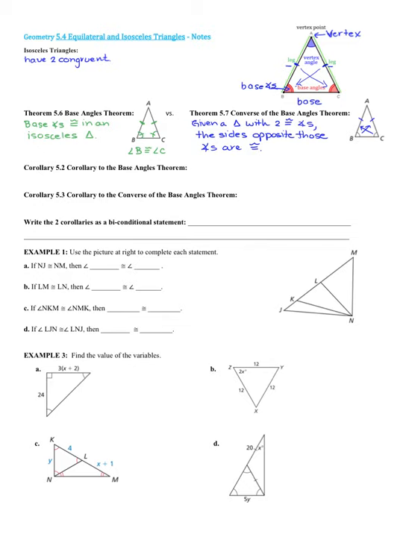Now we have a corollary to the base angles theorem. I'm not quite sure why they want to do this, but I guess it makes sense. So again, these next two are sort of which came first, the chicken or the egg. So this first one, since the base angles theorem started with the congruent sides, this one starts with congruent sides.